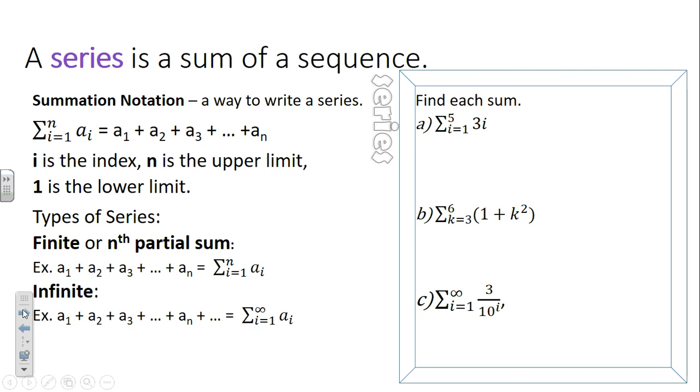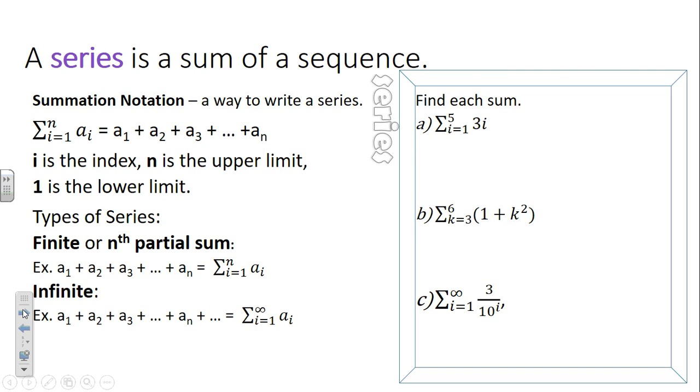So far, so good? And then we also have infinite series, and that, depending on how the series is written, can converge on a specific number or go on forever and diverge. Okay, so far so good?